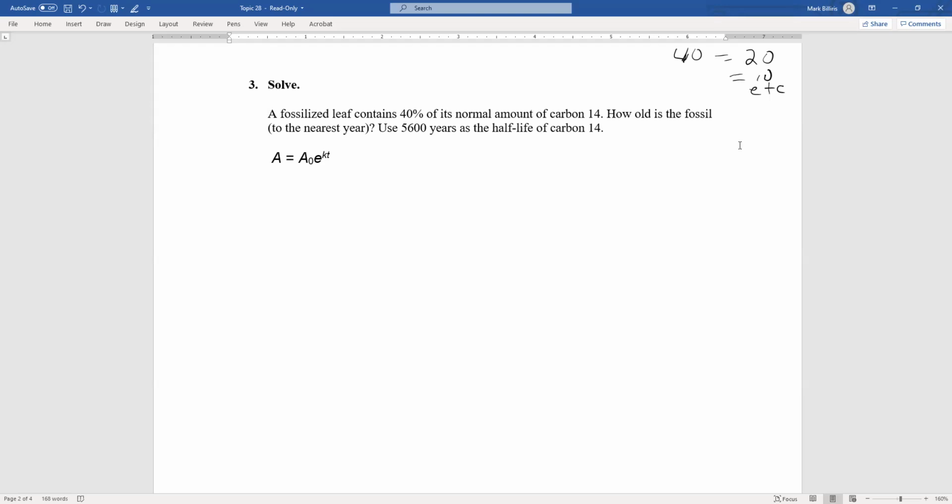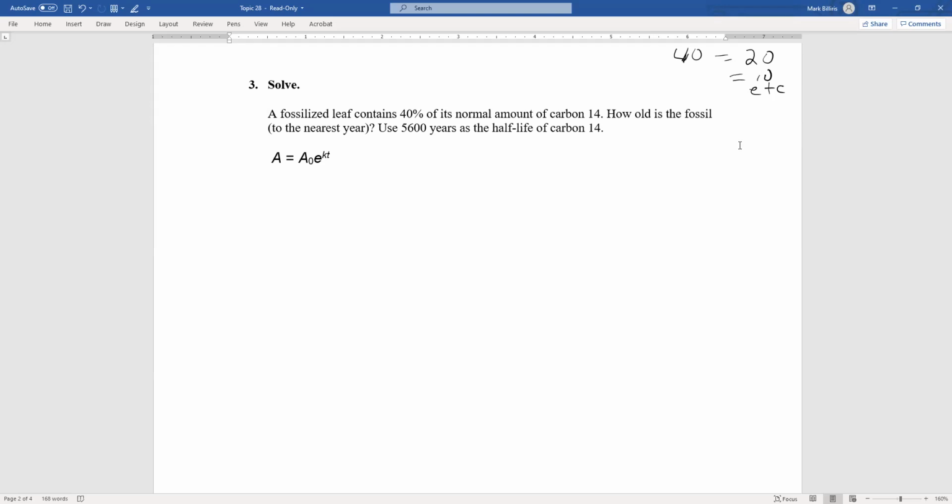So in this problem, we're going to use the exponential growth function, A equals A sub 0 times e raised to the kt. A sub 0 represents the initial amount. E, of course, is our natural base e.